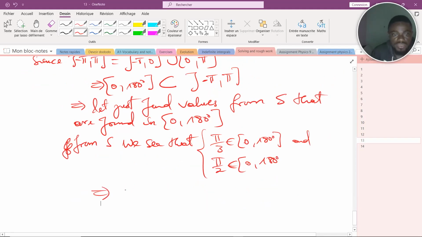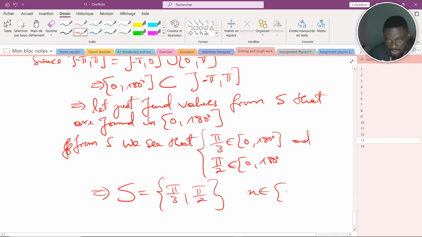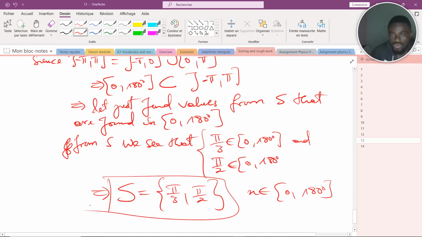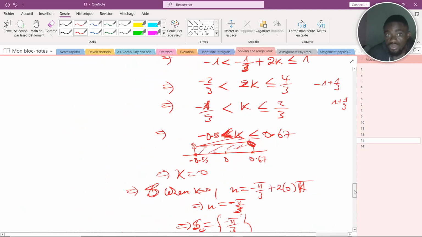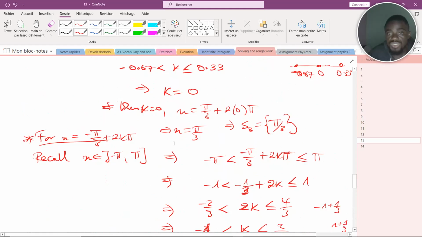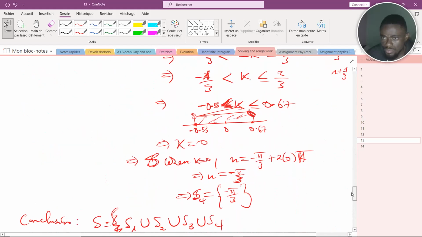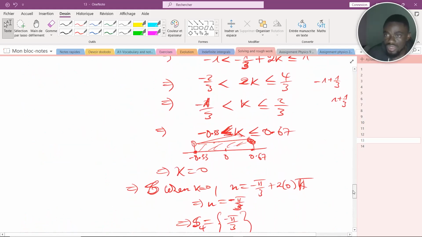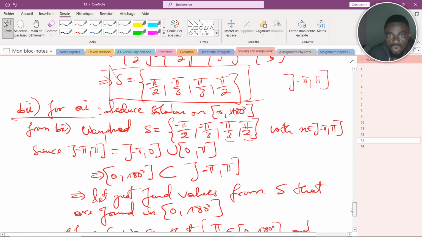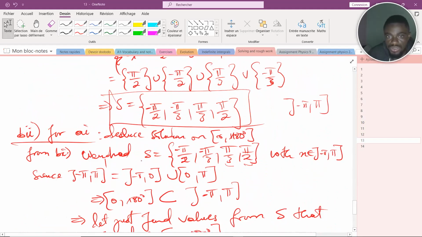So it implies the solution for this part 2 will be equal to pi on 3, pi on 2, with x belonging to 0 to 180 degrees. Simple. So you can either decide to do the same thing as we did before using the interval 0 to 180 degrees, or you just use this deduction.